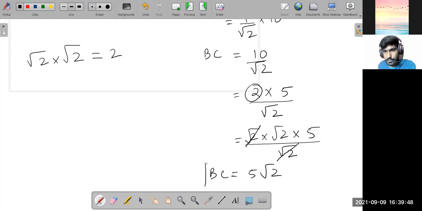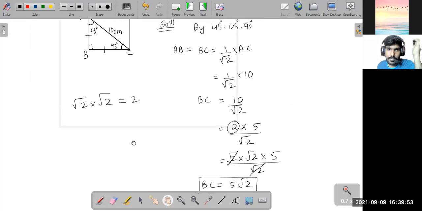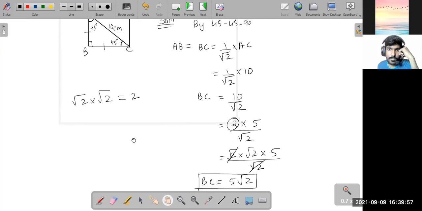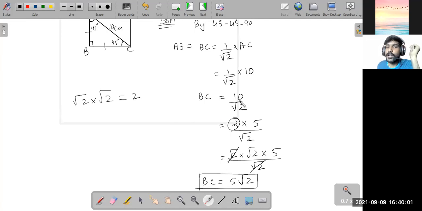Why didn't we just make this root 2 into 2, then cancel 2 and 2, and keep 5? No, here only one root 2 is there.